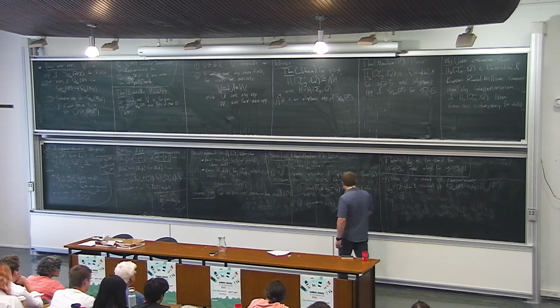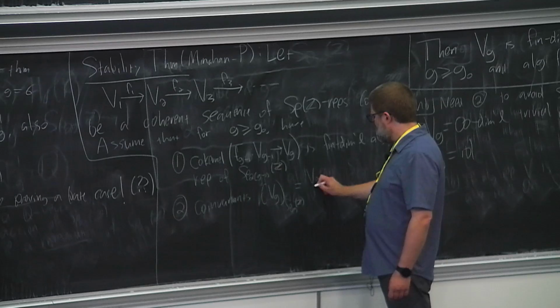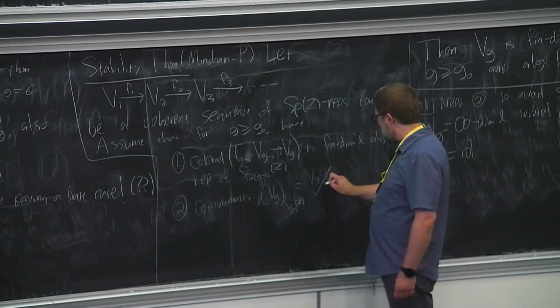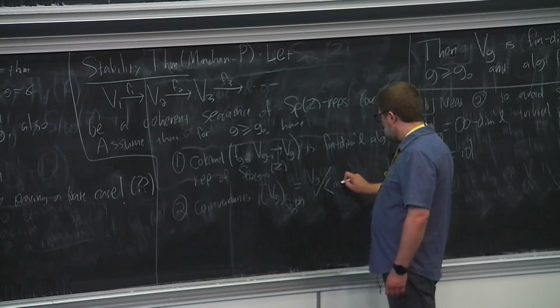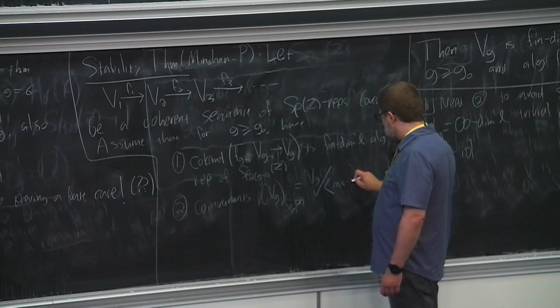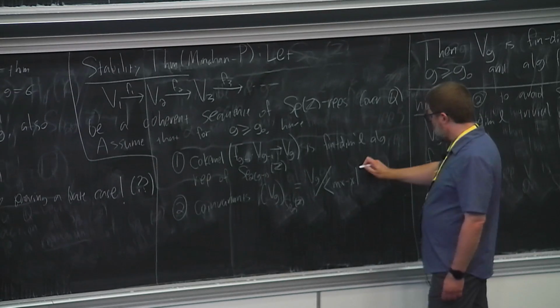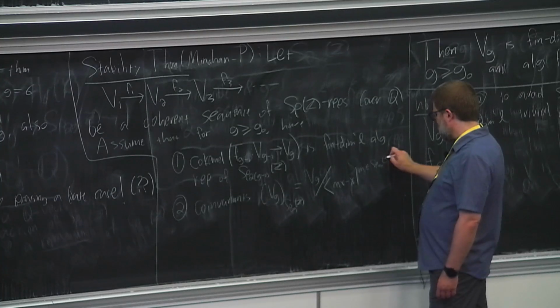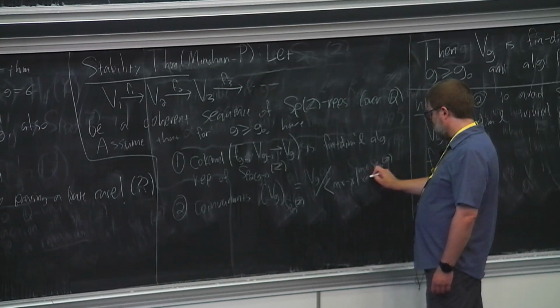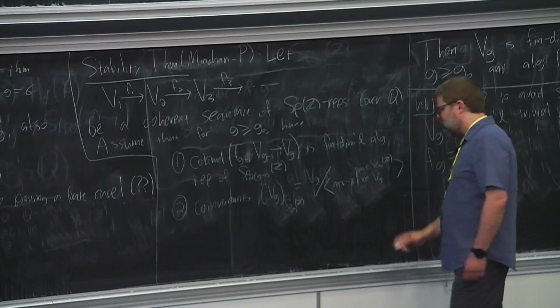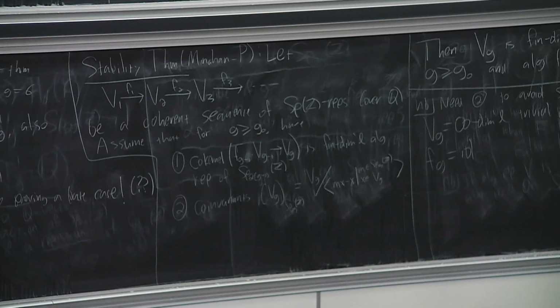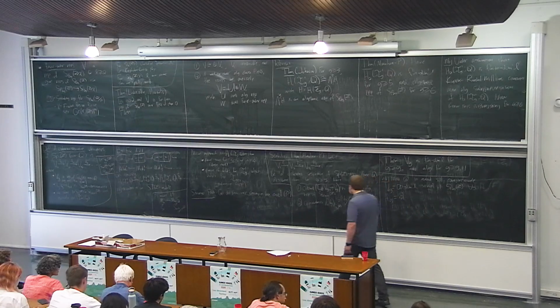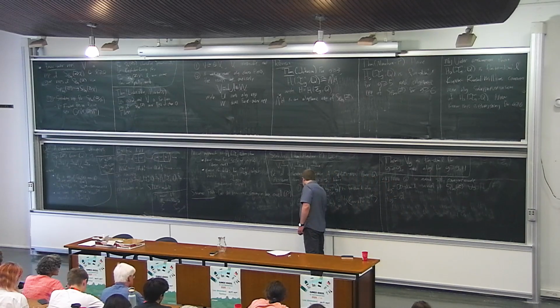In other words, this is V sub g modulo, you just kill off the action. So it's mx minus x, where m is inside Sp_{2g}(Z), and x is inside V sub g. So you're killing off the action in the freest possible way, right? You need that co-invariants are finite dimensional.